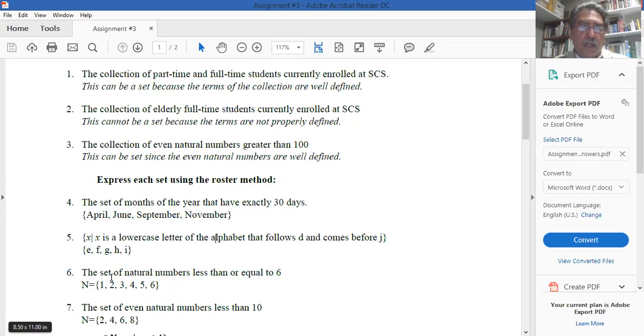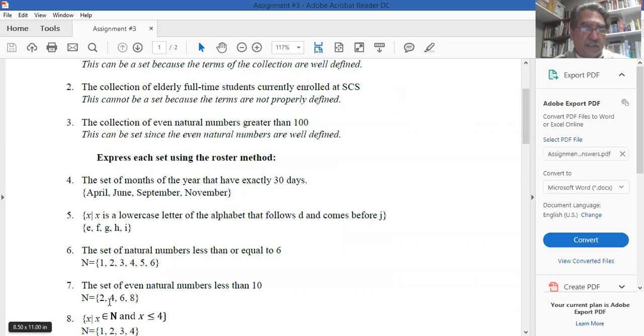Number 6, the set of natural numbers less than or equal to 6. Again, you have 6, 5, 4, 3, 2, 1. Number 7, the set of even natural numbers less than 10. So less than 10, even natural numbers. It's only 8, 6, 4, and 2. It doesn't go to anything negative. So we are talking about even natural numbers.